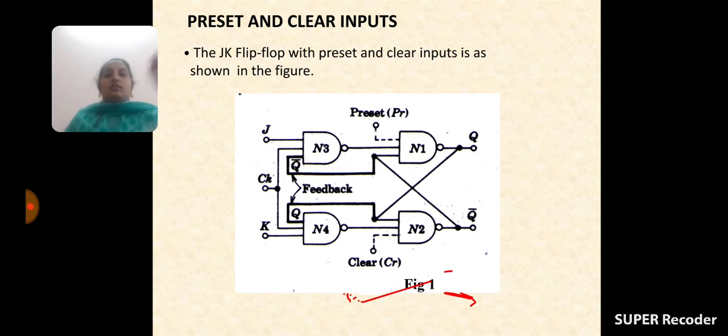Okay, see here. So the next topic is what? Preset and clear inputs.